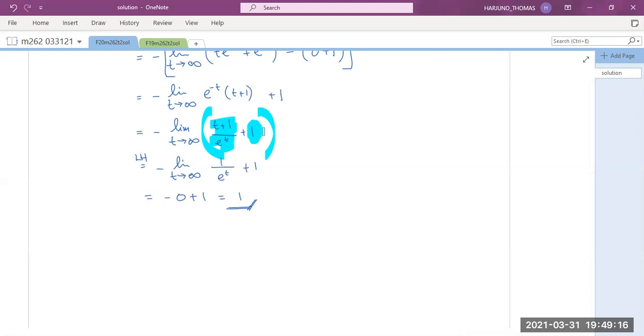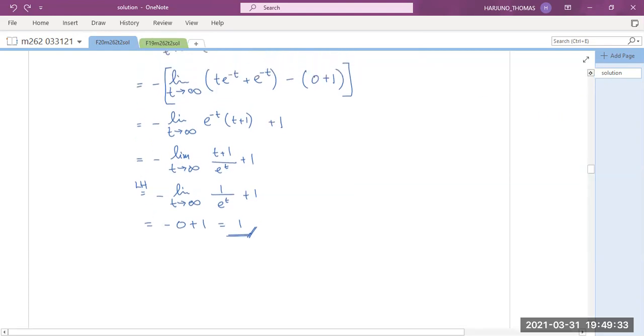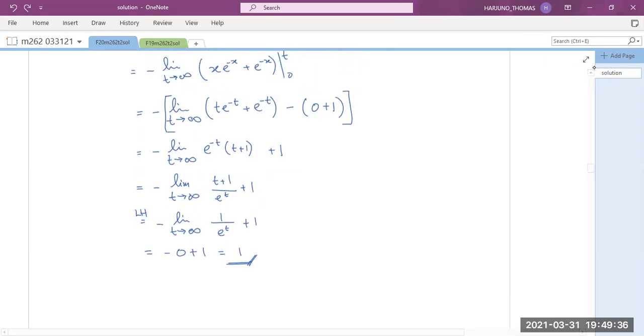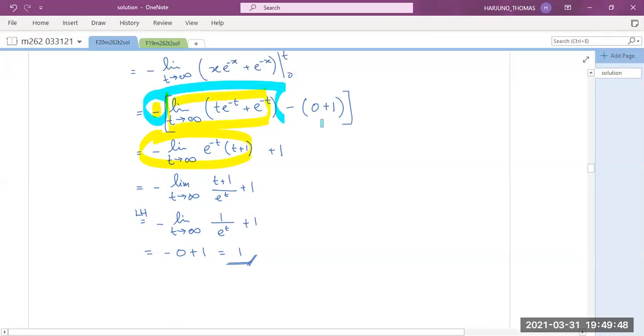That one is without parentheses, so the limit applies only to that fraction, not to the 1. And the negative to the left, you had already eliminated it, right? It is there. This negative applied to this, and this negative applied to that, gives you this. Okay, cool.